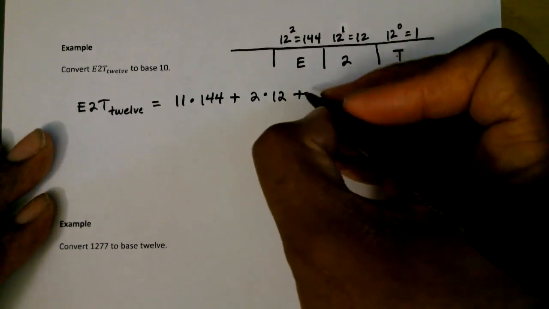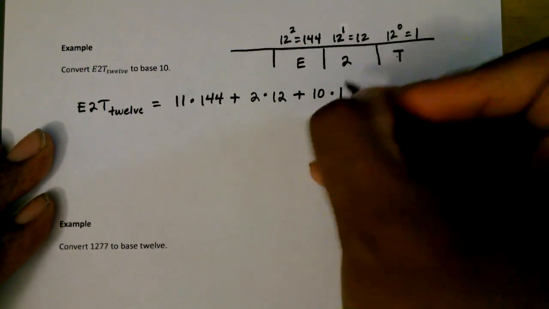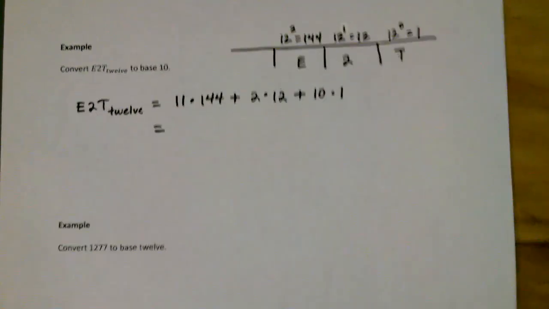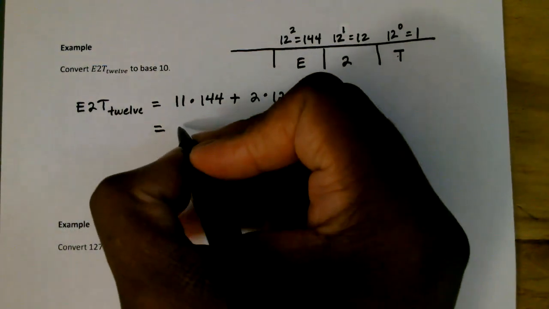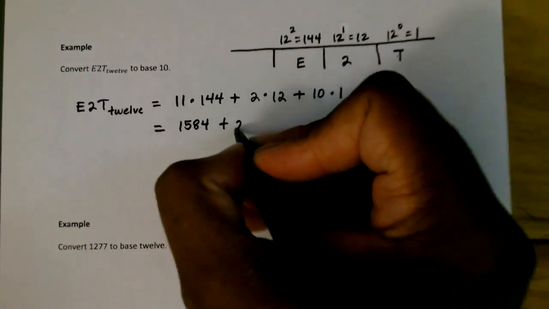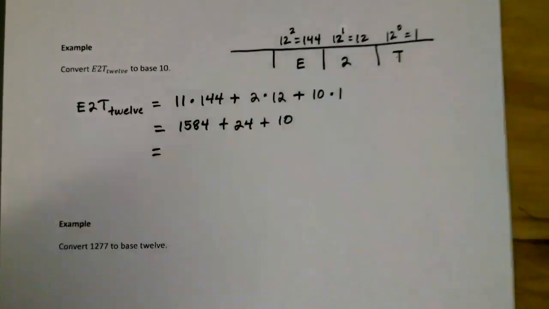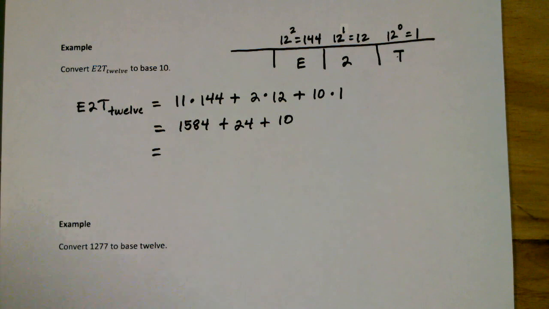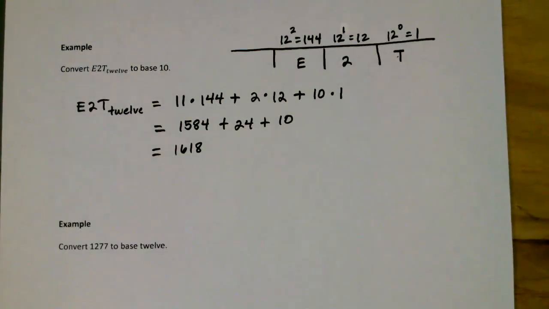And the T, which is actually the number 10, is multiplied by 1. So 11 times 144 would be 1584. Then 2 times 12 would be 24, and 10 times 1 would be 10. Add 1584 to the 24 and the 10, you'll end up with 1,618. So this is what E2T base 12 would be.